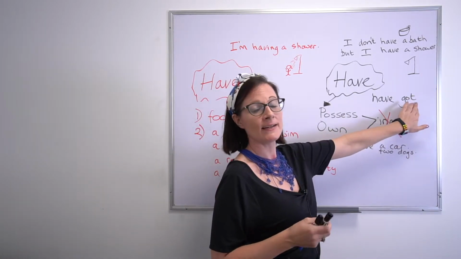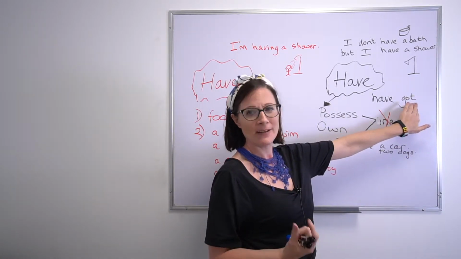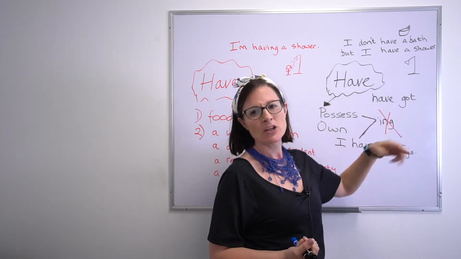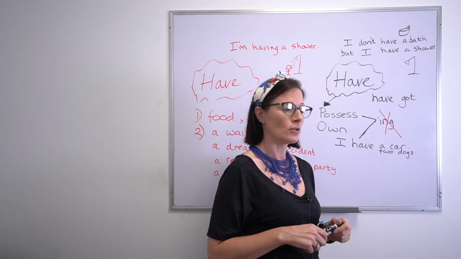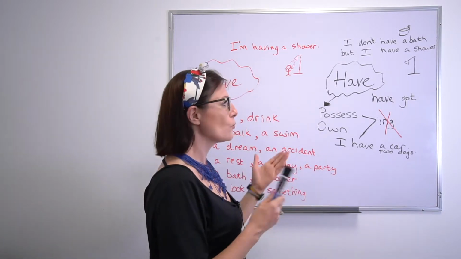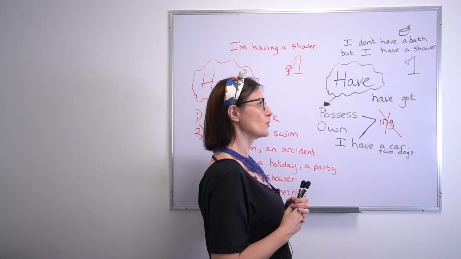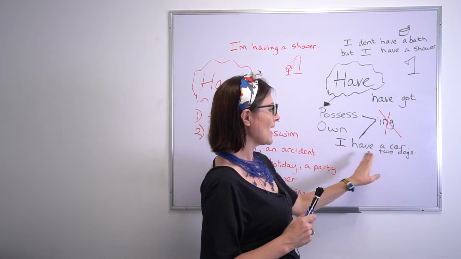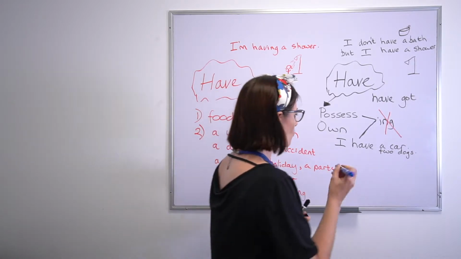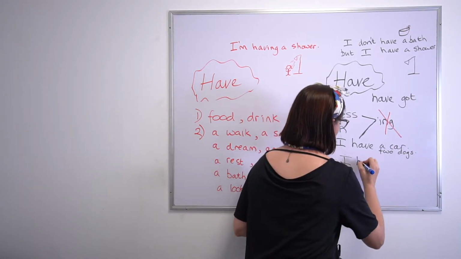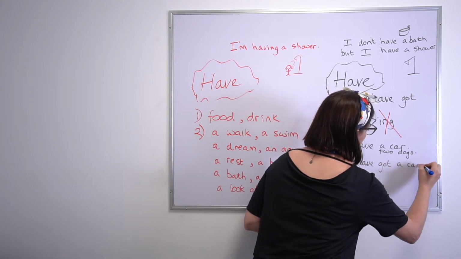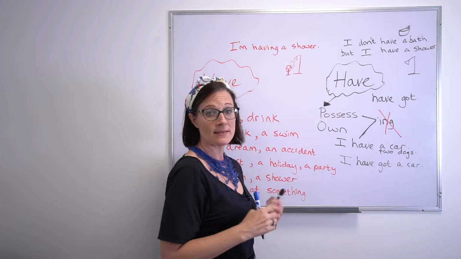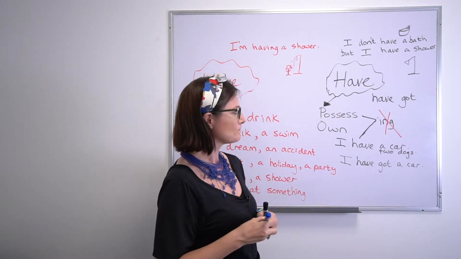Got here is what we call in language a filler. People use it just to fill a sentence. It is not essential. The sentence is correct with or without the word got. For example, I have a car, or I have got a car. Both sentences mean the same and both are correct.